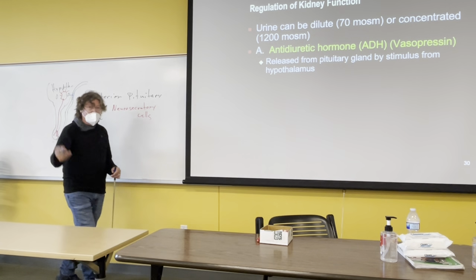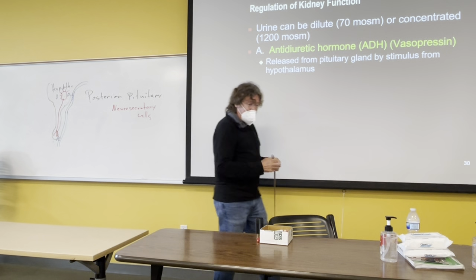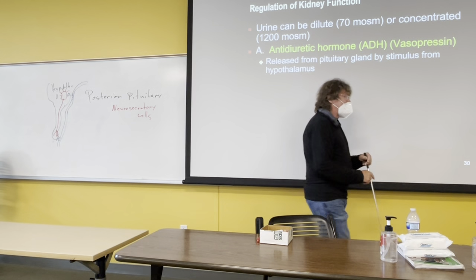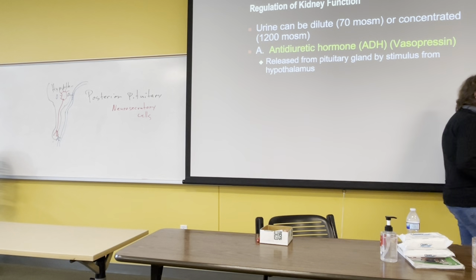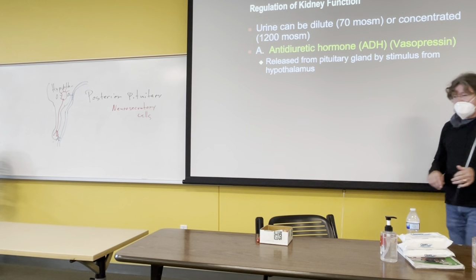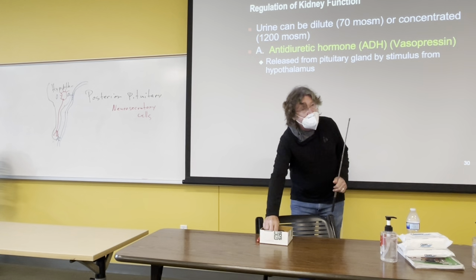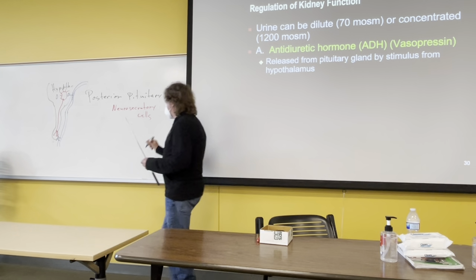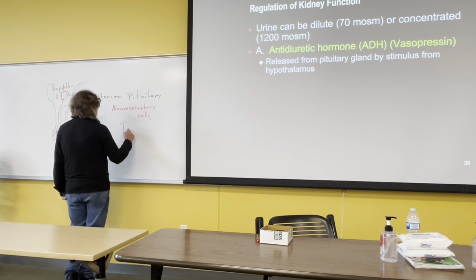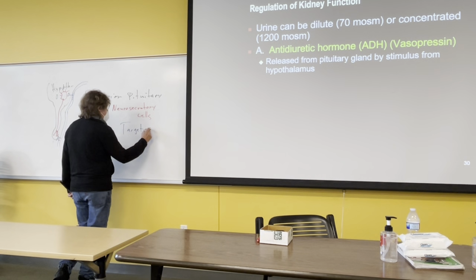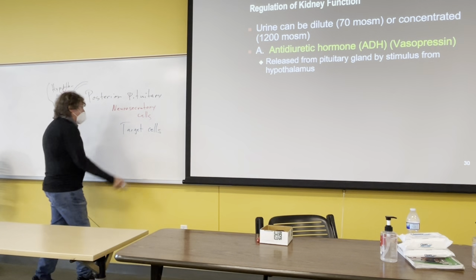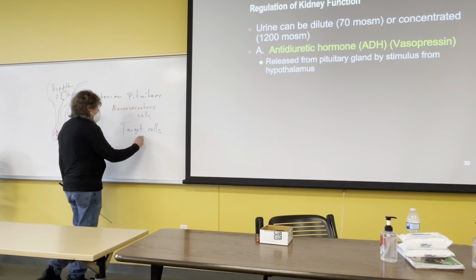and is carried all throughout your body. Okay, now one of the things with hormones, however, is that antidiuretic hormone will only influence target cells that have a receptor for it. Okay, so target cells have to have the appropriate receptor.